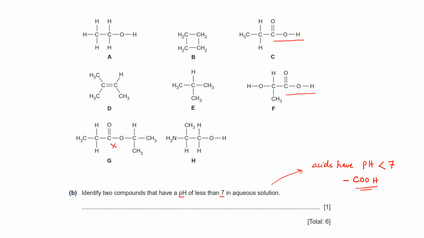So this is not an acid. COOH is replaced by this. So this is something else. This is again not an acid. So compounds C and F are the acids we have. So this will be the answer for this.